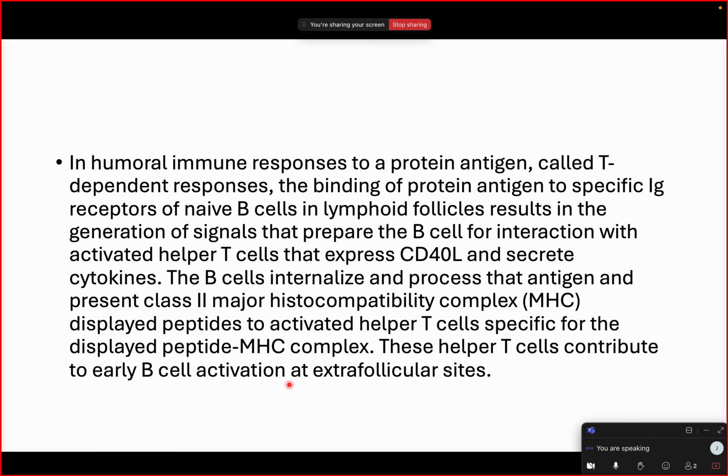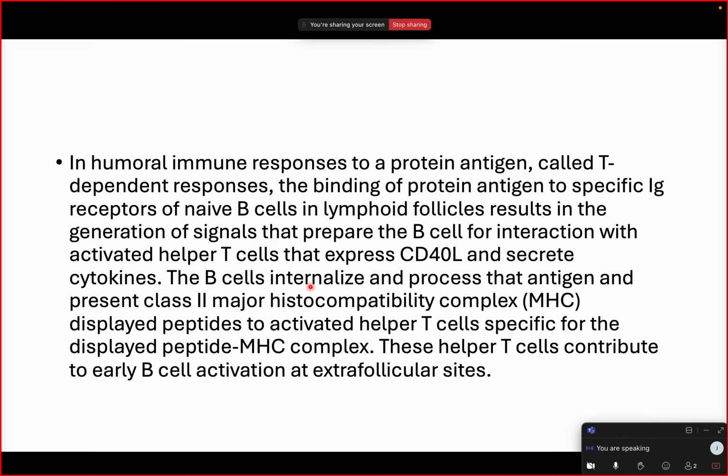Okay. In humoral immune responses to a protein antigen, called T-dependent responses, the binding of protein antigen to specific Ig receptors on naive B cells in lymphoid follicles results in the generation of signals that prepare the B cell for interaction with the activated helper T cell that expresses CD40 ligand and secretes cytokines.